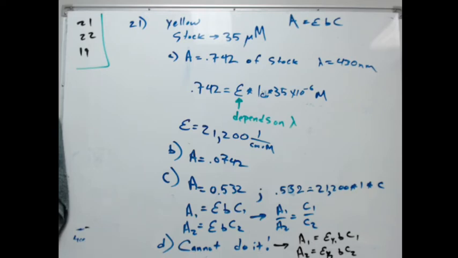And you could make approximations and arguments here. You can say, well, they're both yellow, they probably absorb similarly. Not necessarily true. We don't even know if this yellow has the same lambda max. Remember, there are different ways that things can appear yellow. So in part D, we actually can't do the problem because we've changed the material.